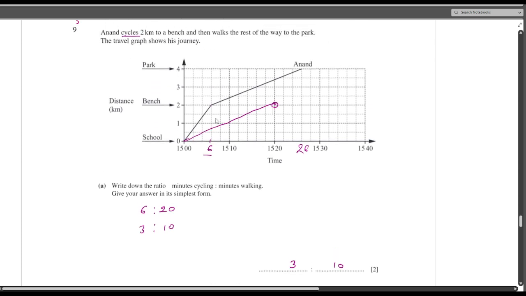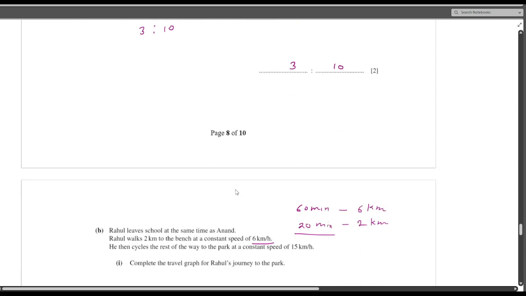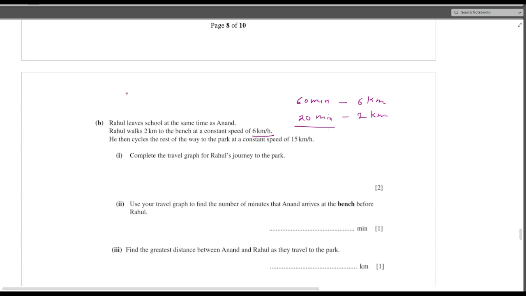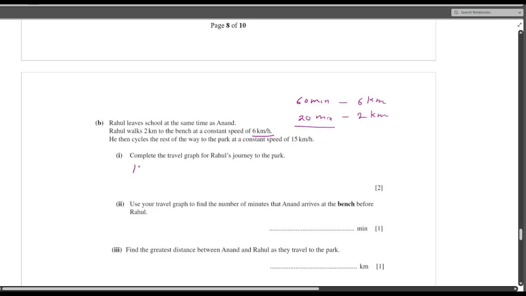I have to cover a distance of again 2 kilometer. So if I am moving at 15 kilometer per hour, I am completing 15 kilometer in 1 hour, which means 60 minutes.